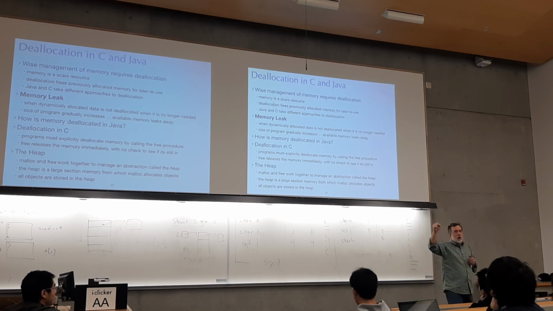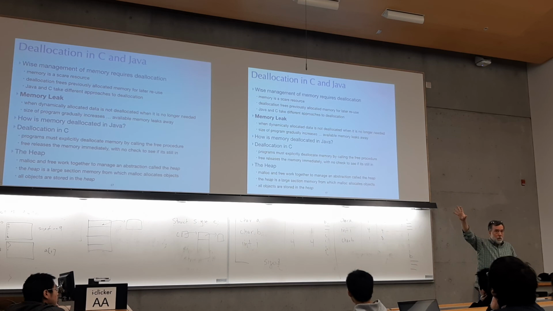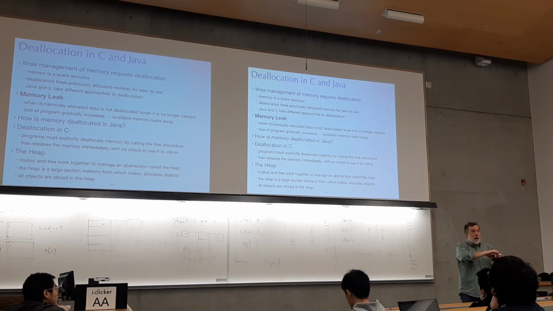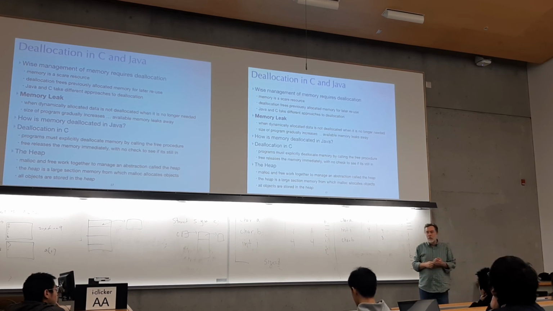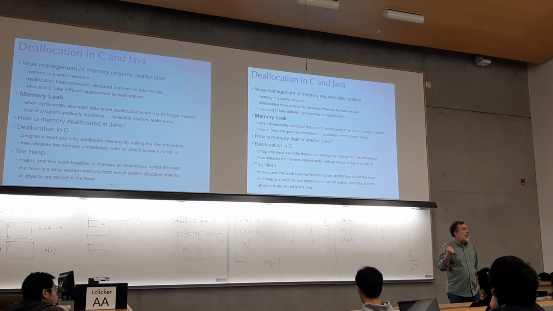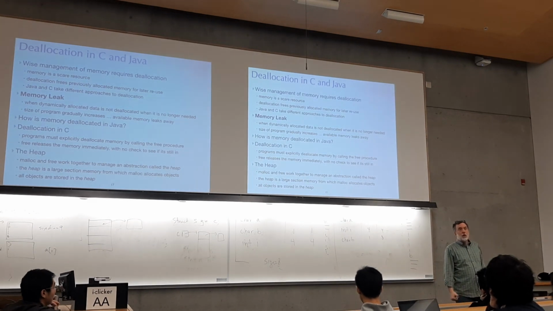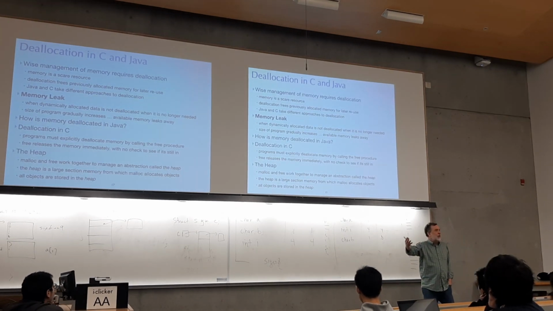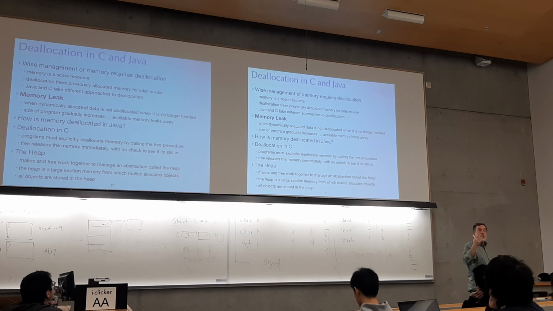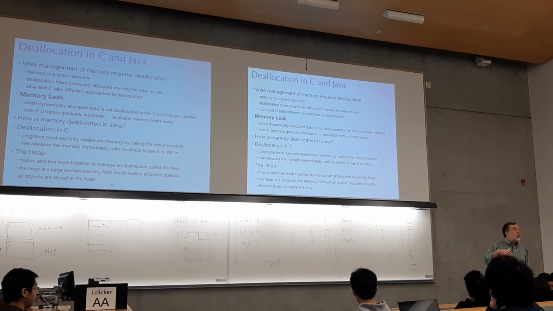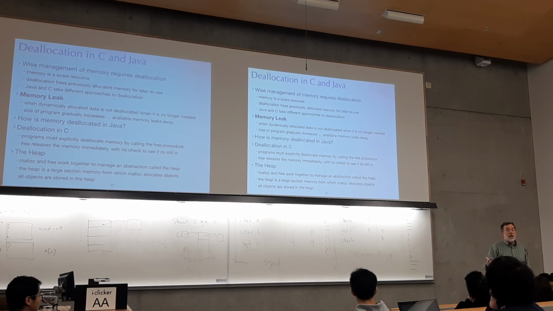Java, on one hand, and C and C++ on the other hand, take a completely different perspective. In Java, how are things deallocated? Automatic garbage collection. By the garbage collector. The garbage collector is a background process that uses the following heuristic to determine what it can deallocate.